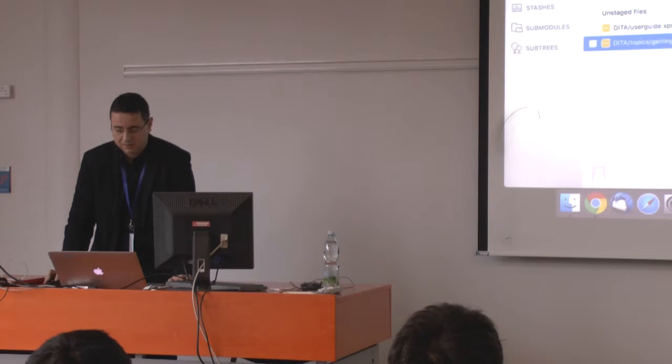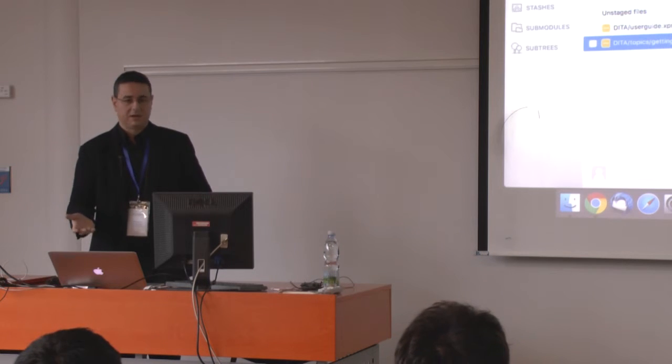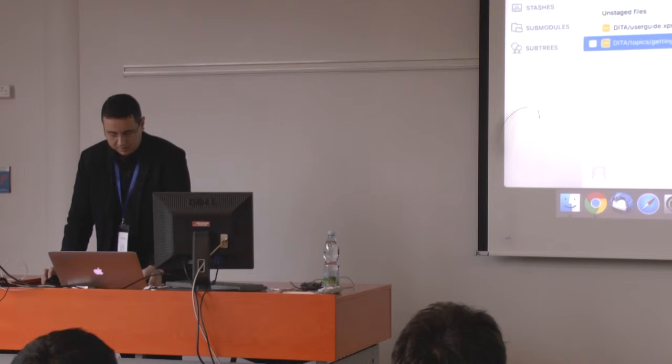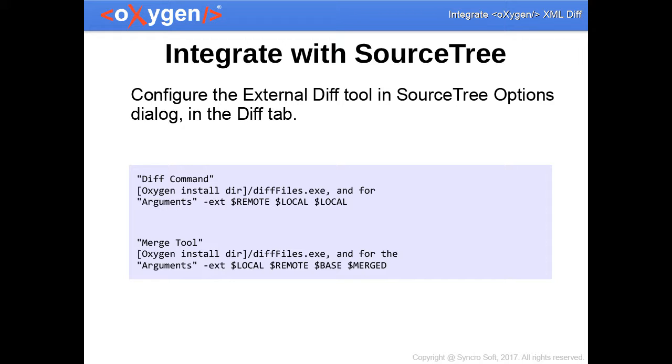and let's configure the files to show these differences directly from SourceTree. For this, you need to set some parameters in the SourceTree diff options, and you need to specify the external tool that you want to use, and some arguments that are expanded to the file from the current working file, and the file from the branch that you have locally.